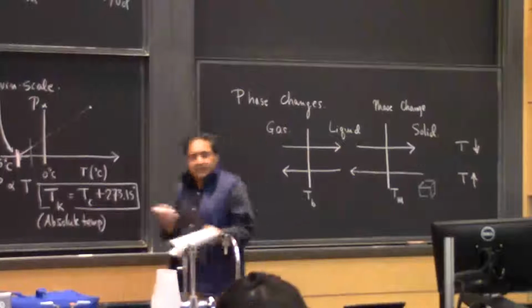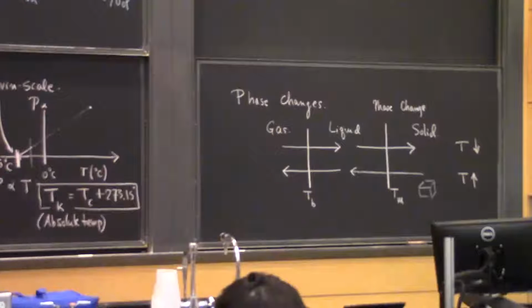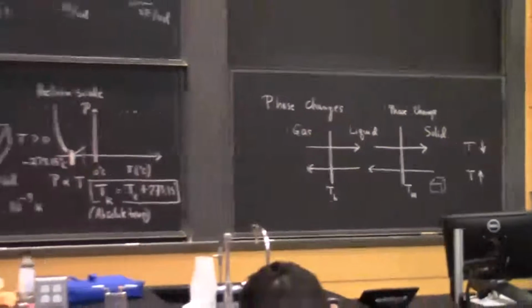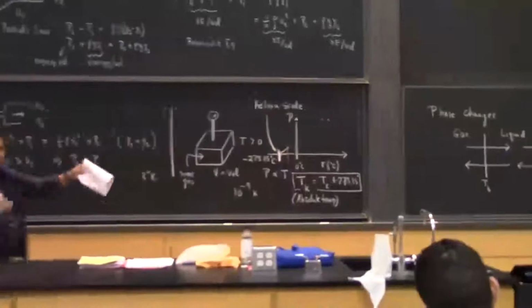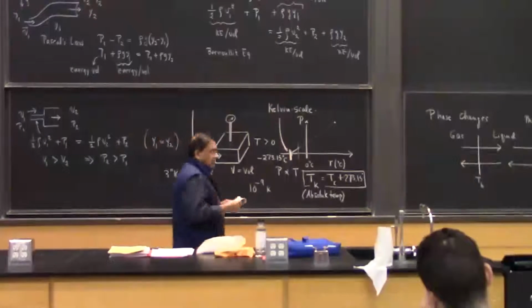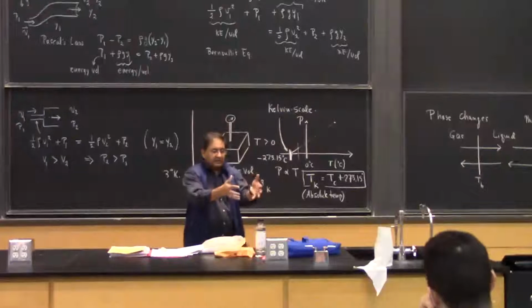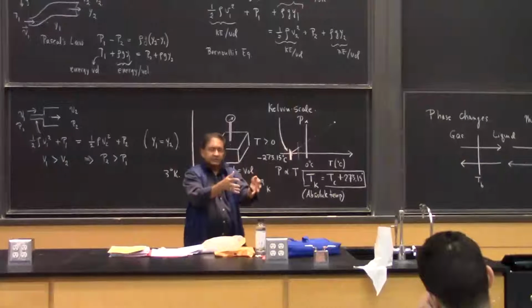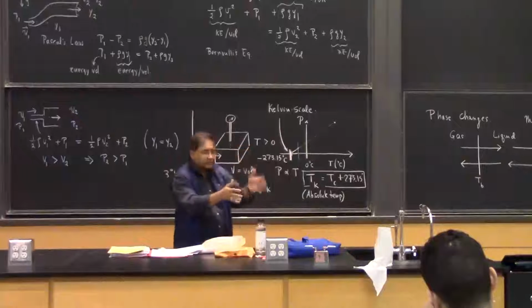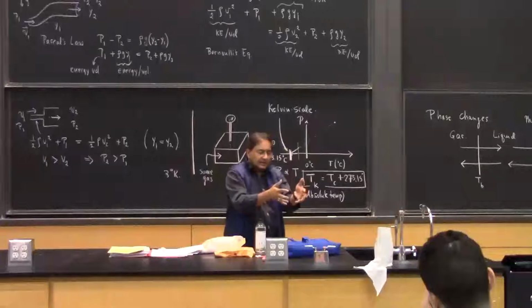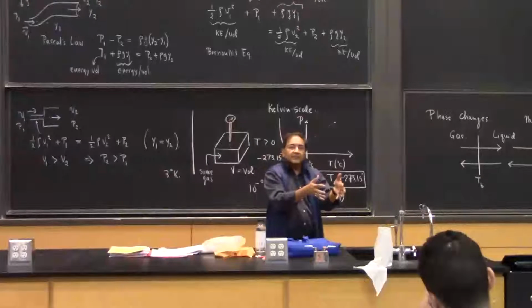As you heat it up, you will find that the temperature of the solid is going up. So let's say you have a slab of ice, to be specific. As it's heating up, the temperature of it is going up, from whatever low temperature it was, and it then begins to melt.